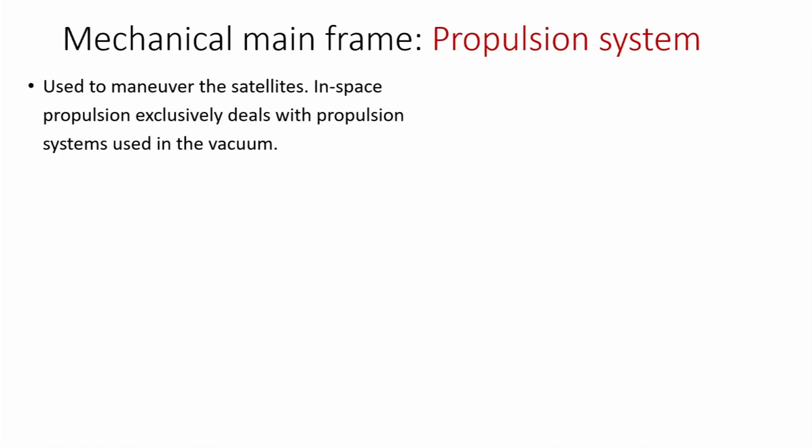Generally, these satellites are not put directly into the desired orbit. Like in the last session, I discussed a transfer orbit, this is GTO, geostationary transfer orbit.